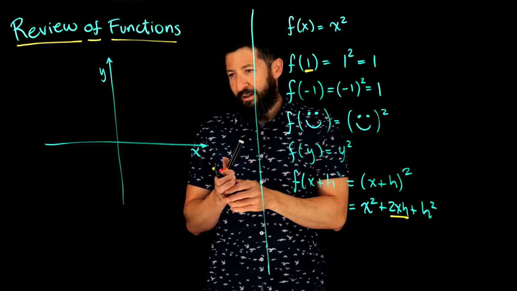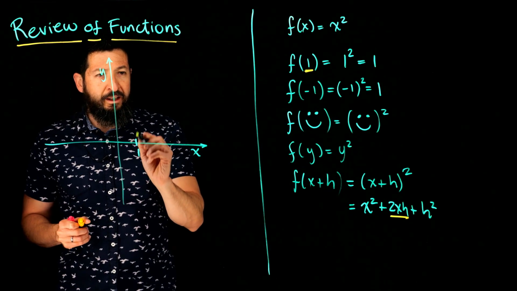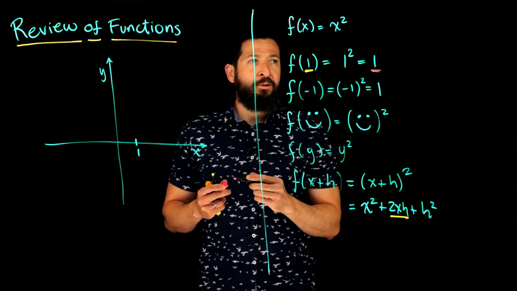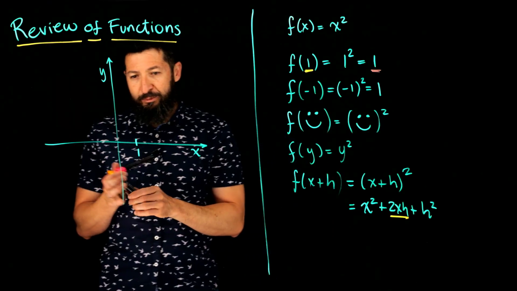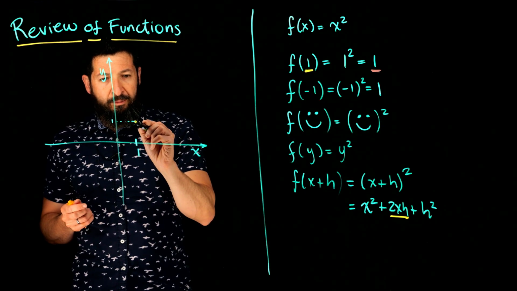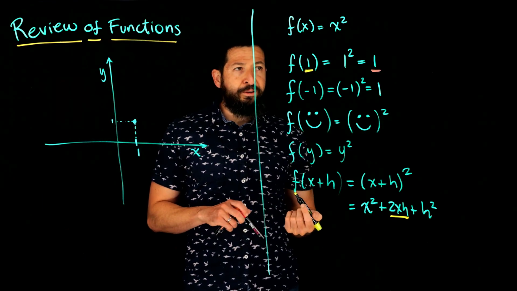That's a 1. So you go to your x-axis, you go to 1, and now you got to look for the value of y. The value of y is going to be this one right here, is what the function spit out. So I'm going to go to 1, and I'm going to mark that point 1, 1. That point will be on the graph of the function.